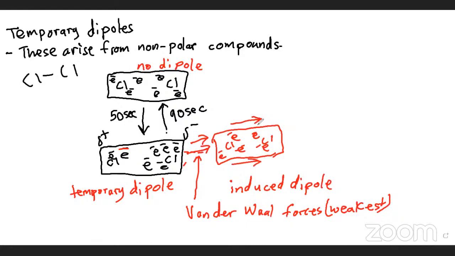So it was not a random movement, it was forced. Because it was forced, we say it was induced. So when the electrons are forced to this side, it develops a slightly negative charge, and this one develops a slightly positive charge. So this one was induced. This one was random, so we say temporary. All right, hope that was a bit clearer.